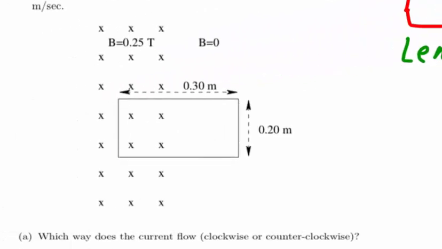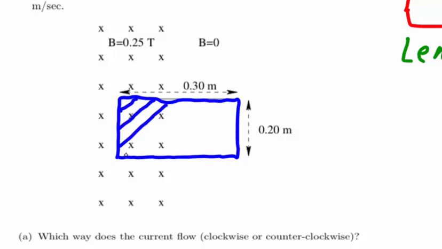Let's examine our loop carefully, and as we do so, we recognize that the loop is not entirely filled with magnetic flux. Only the portion indicated here by the diagonal blue lines is actually filled with magnetic flux. The rest of the loop is empty. As we pull the loop with some velocity to the right, the region containing the magnetic field becomes smaller and smaller.